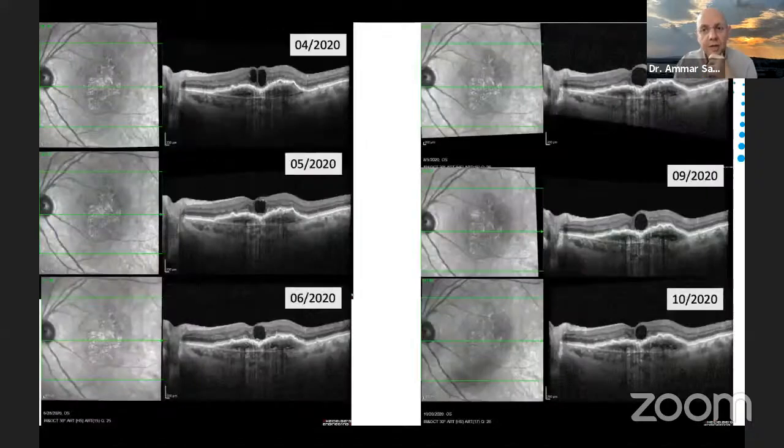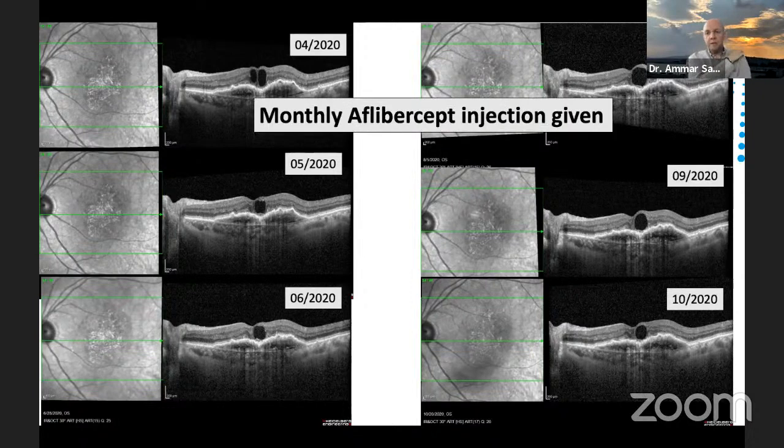From basically March of this year, throughout the lockdown until October, he has been injected on a monthly basis with aflibercept. As you can see, it is completely unchanged from a fluid standpoint. There is a significant intraretinal cyst and significant sub-RPE fluid. This is basically where we are right now with this gentleman.